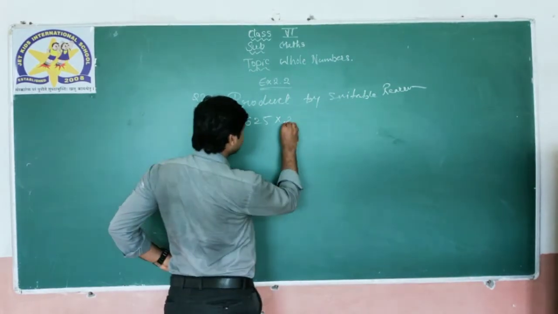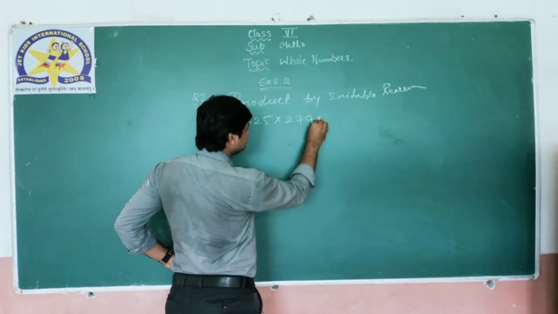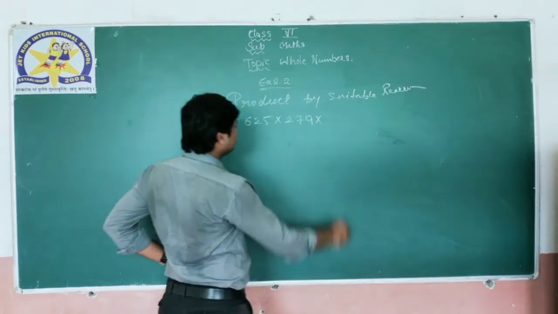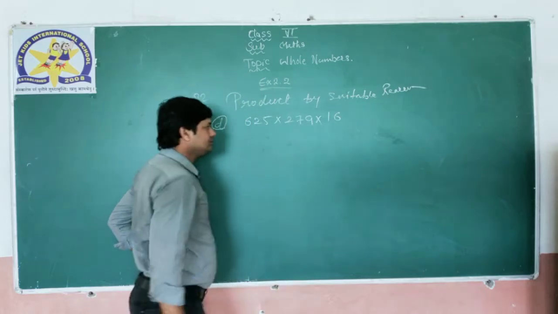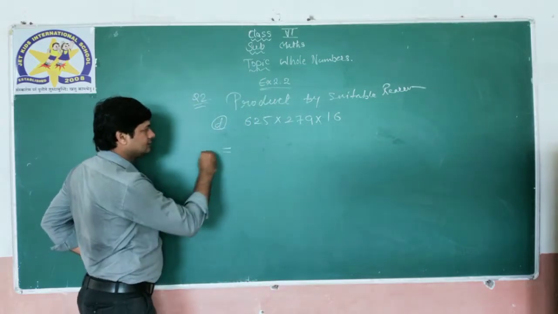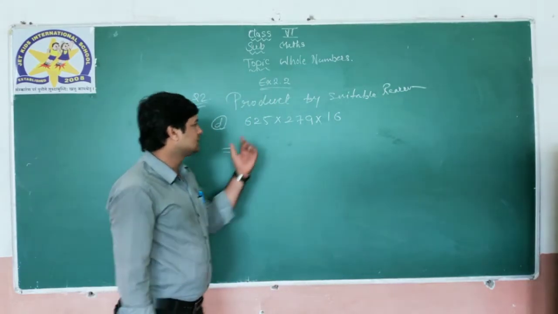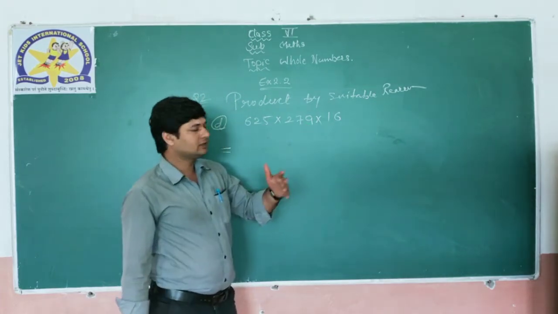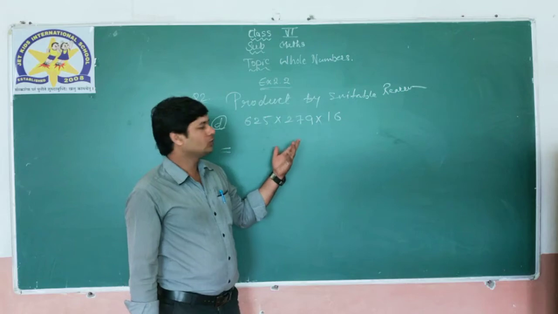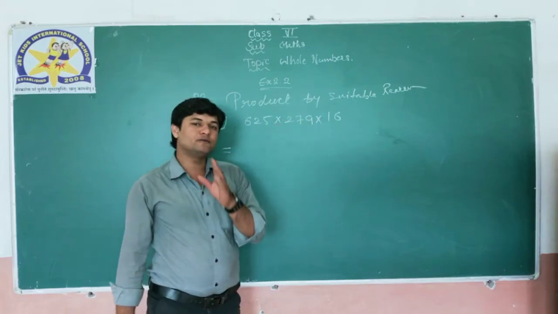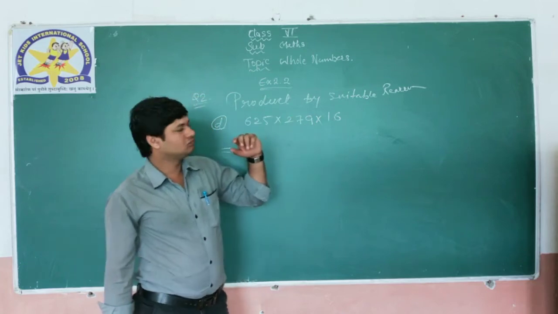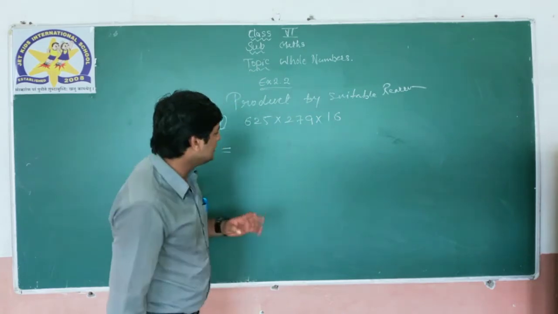So which will you do first? See, if I am multiplying these two things, 5 times 5 is 25, you won't get 0 in the unit digit. 5 times 9 is 45, you will get 5 in the unit digit. 9 times 6 is 54, you will get 4 in the unit digit.